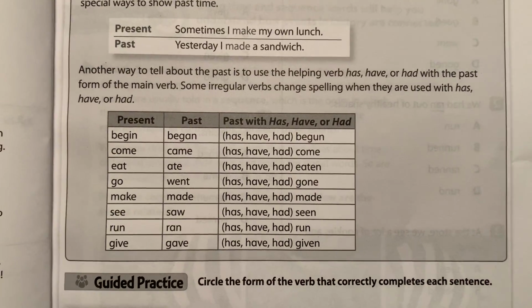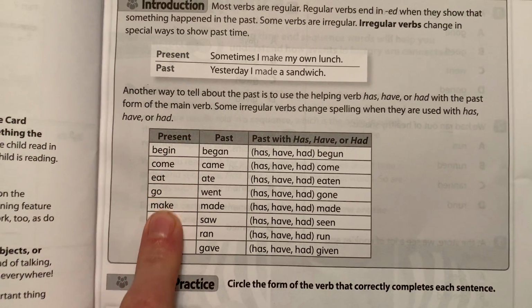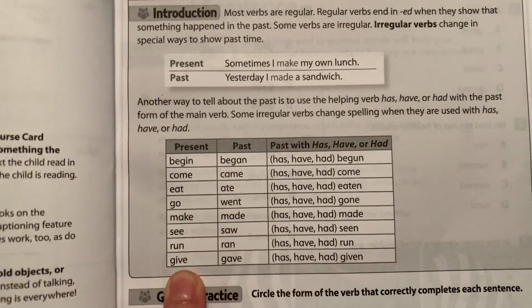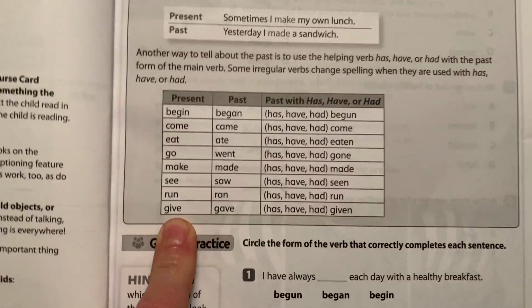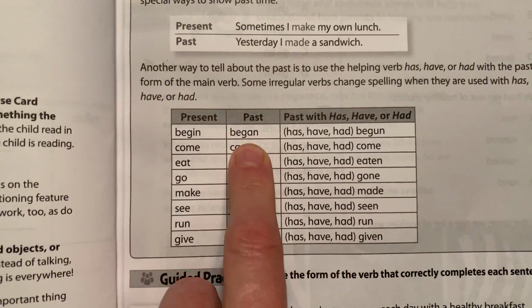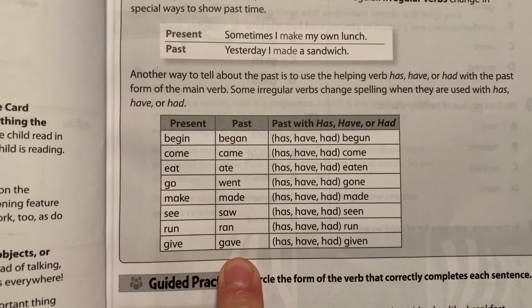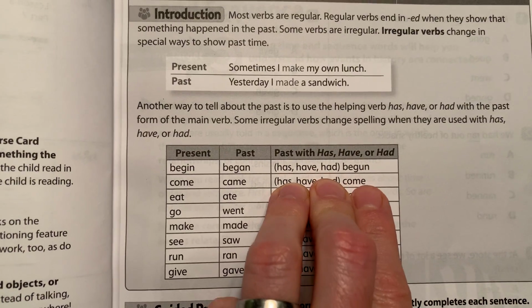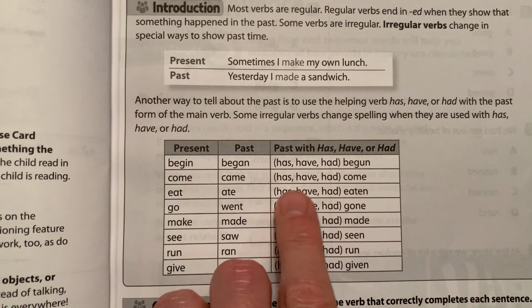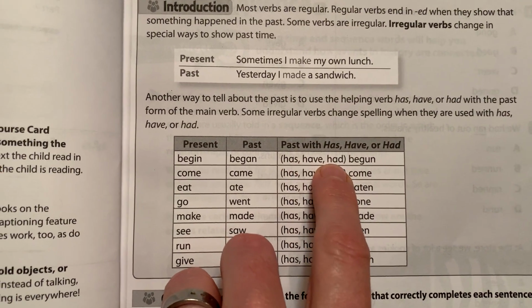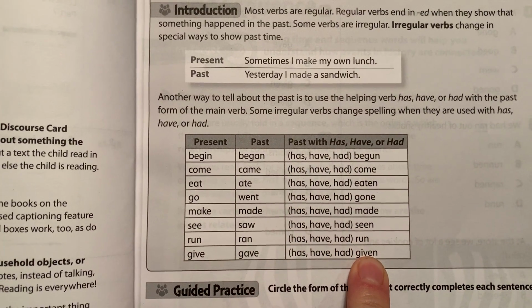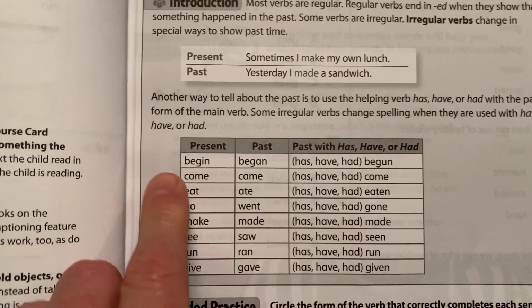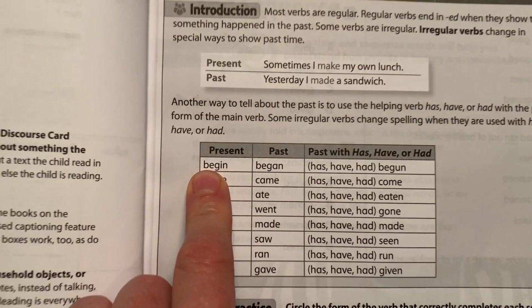So each of these verbs here, we've got the present tense here. So this would be like if it's happening now, and then the past tense spelling, and then they give you what to do if you notice that the word is being used with the helping verbs has, have, or had. The spelling changes again, okay?